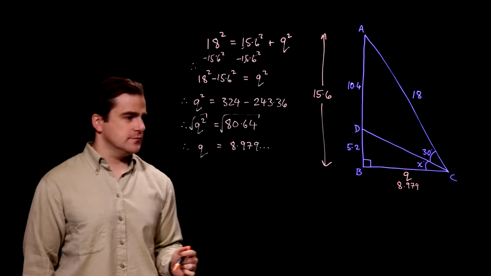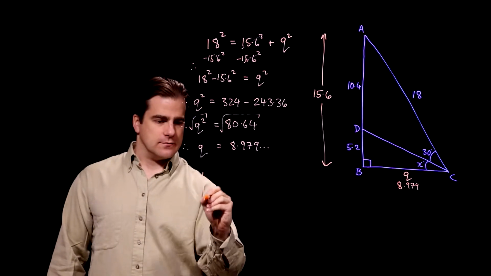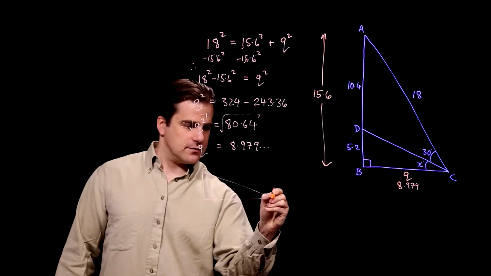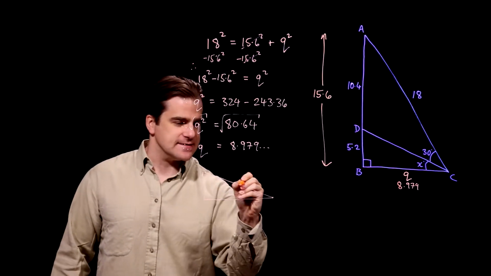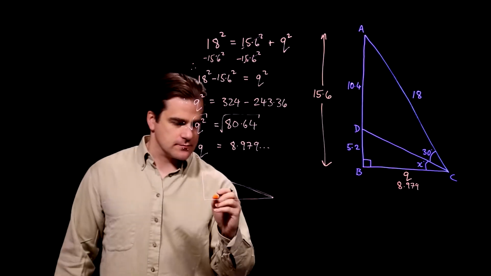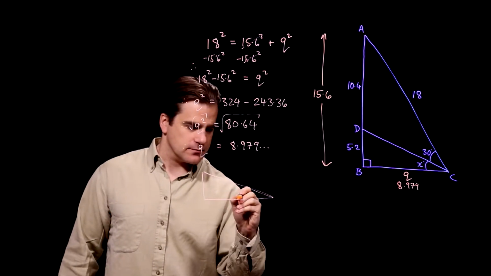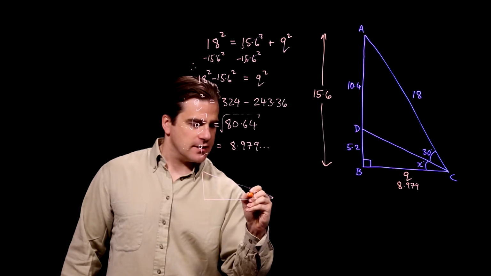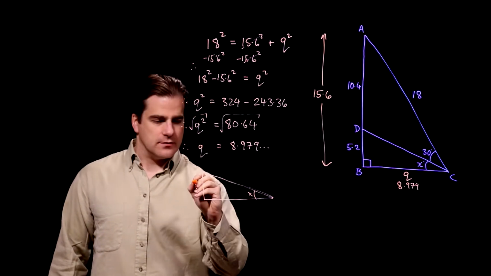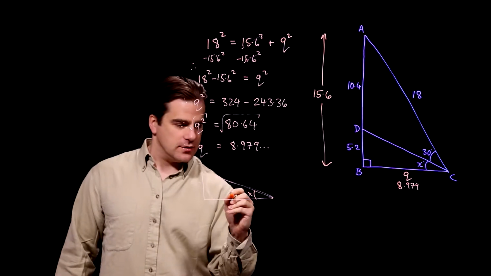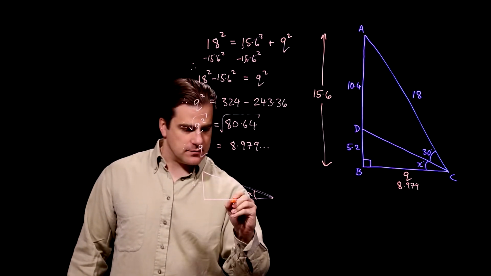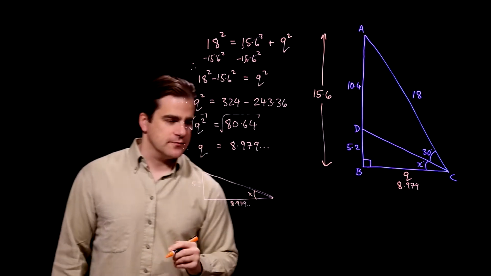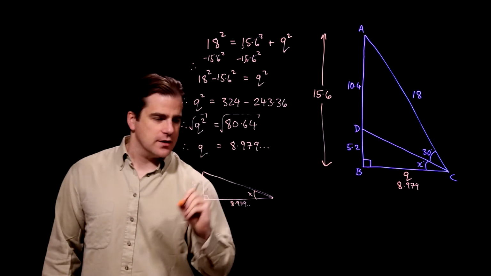Right, so now we've got two sides of this little triangle and the angle, so we can use sine, cos, tan. So we have x, 5.2 and 8.979 something. That's a right angle.